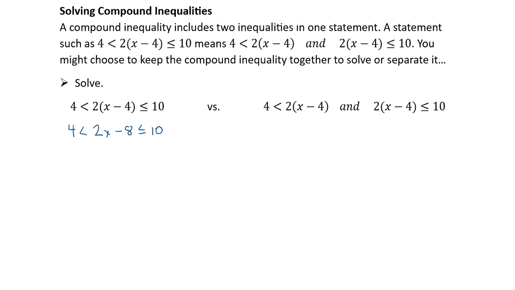If I had just this part of the inequality, I would be, again, adding 8 to both sides. So what I'll do here is add 8 to all three parts. 4 plus 8 is 12, less than 2x minus 8 plus 8 gives me just 2x, less than or equal to 10 plus 8 is 18.